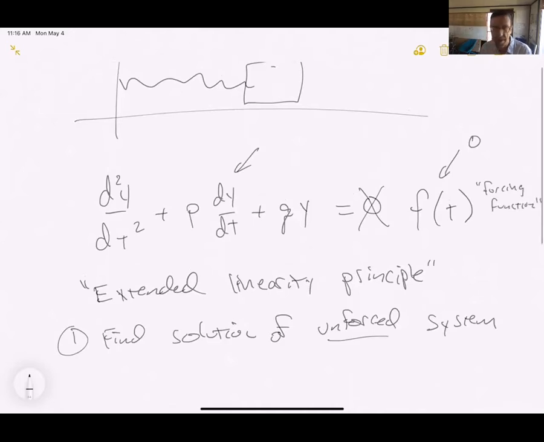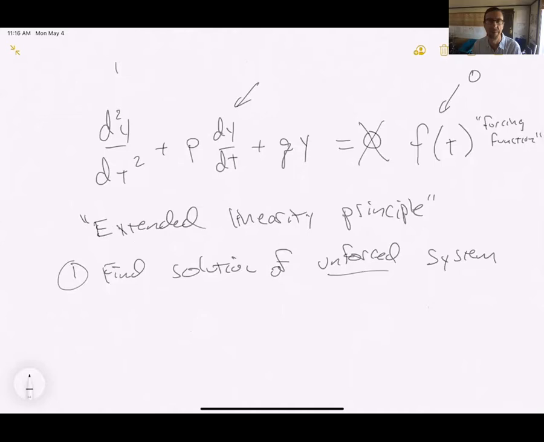So the unforced system means the forcing function is just 0. Right? So that's just a linear system now. It's second order, so you have to convert it to a first order system, which we did in chapter 3, and then do everything we did in chapter 3, and you might have a spiral sink, spiral source. I mean, who knows what you're going to get there? It depends on those coefficients for P and Q.